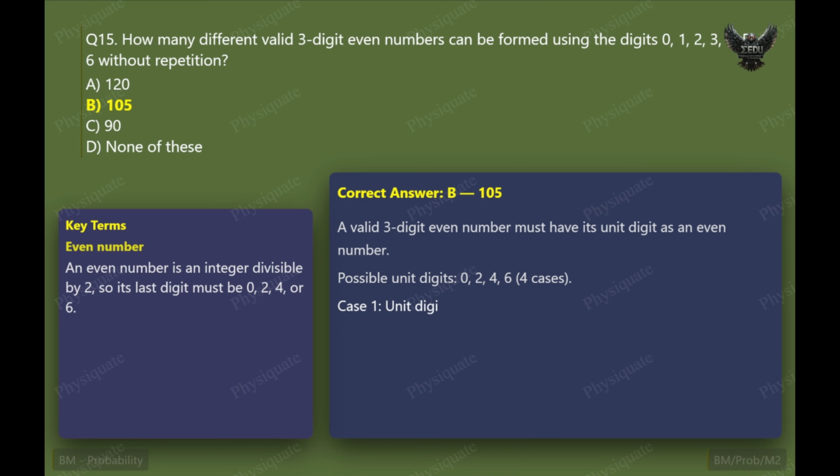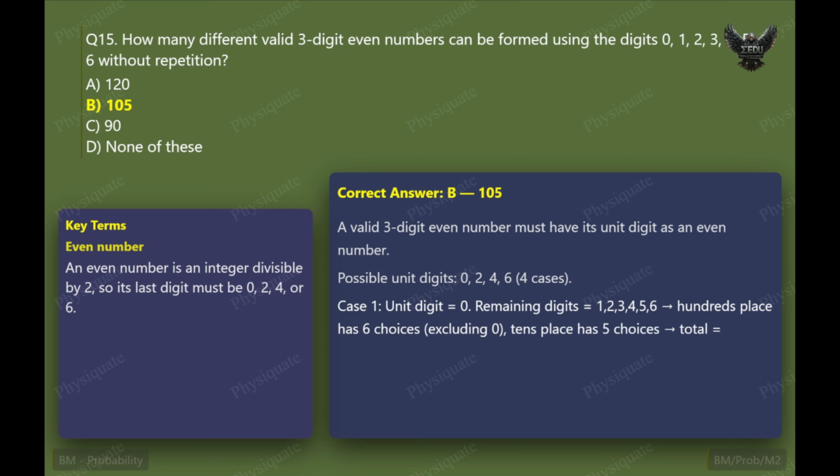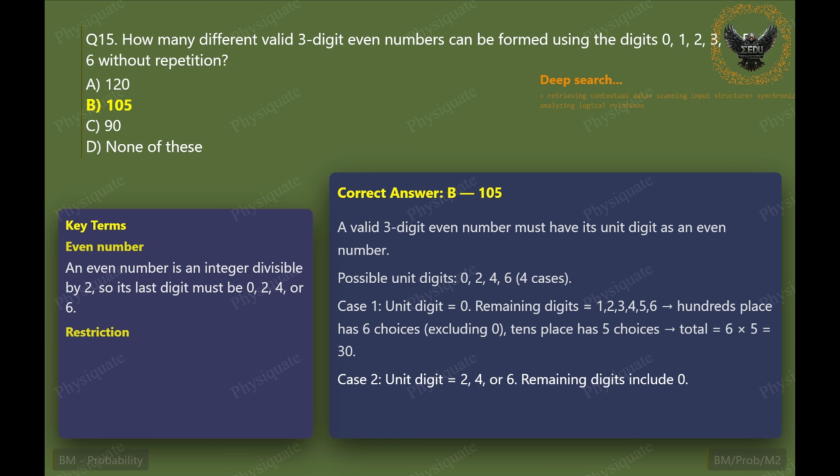Case 1. Unit digit equals 0. Remaining digits equal 1, 2, 3, 4, 5, 6, so hundreds place has 6 choices, excluding 0. Tens place has 5 choices, so total equals 6 times 5 equals 30. Case 2. Unit digit equals 2, 4, or 6. Remaining digits include 0. Let us examine restriction. Restriction means certain positions have limitations, such as the first digit of a number cannot be 0.